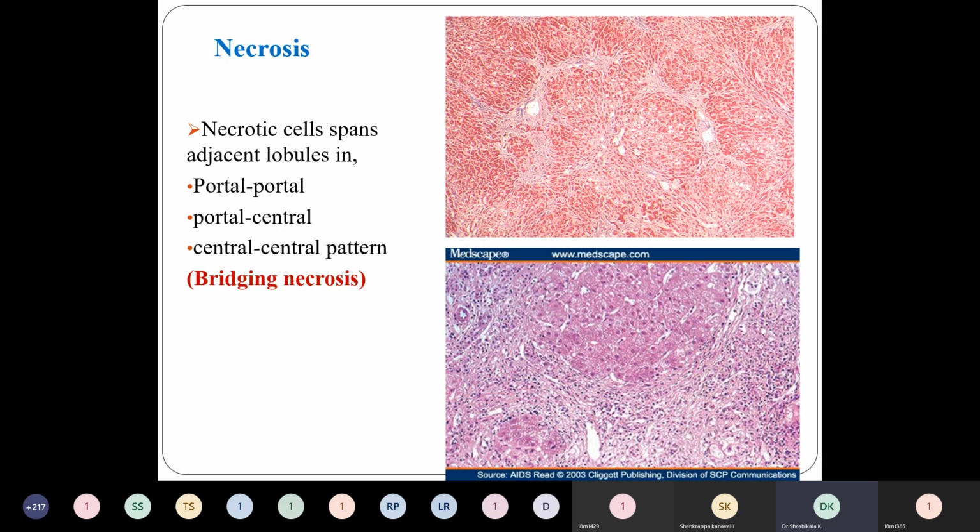Here are focal areas where you can see amorphous eosinophilic deposits of necrotic material, surrounded by necrotic debris and inflammatory cells. This is a massive necrosis, with the degeneration surrounded by inflammatory cells. Based on location, it is classified as portal-central pattern. This is also called bridging necrosis.